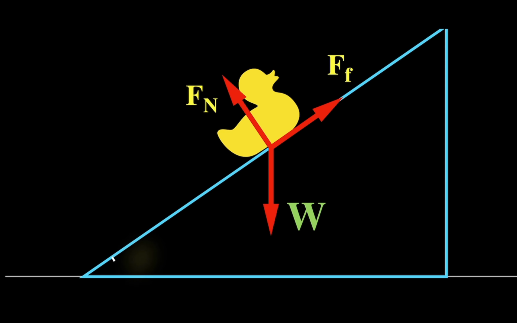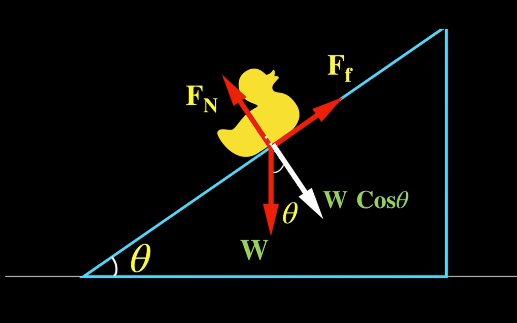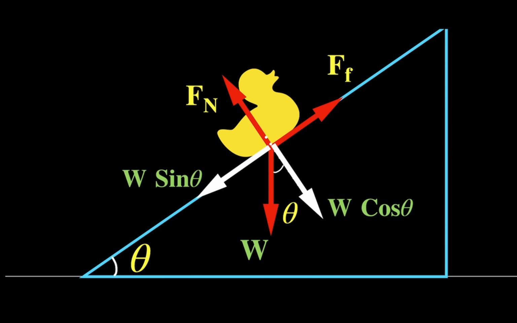Let's assume that the angle of the ramp is theta. Then the angle of the weight with a line that's perpendicular to the ramp is theta as well. We can split the weight into two components, one perpendicular to the ramp, which is given as W cosine theta, and the other component parallel to the ramp, given as W sine theta.